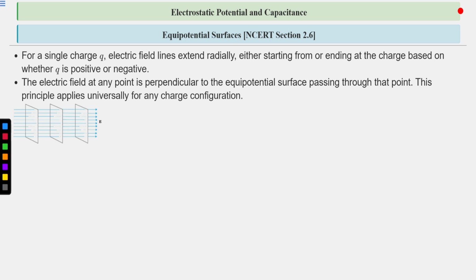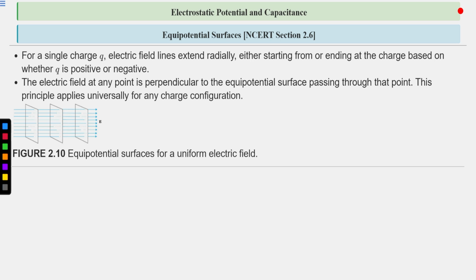After some distance, if we again draw a perpendicular sheet in this uniform electric field, the potential on that sheet will be equal. For a uniform electric field, the equipotential surfaces are perpendicular sheets. Equipotential surface for a uniform electric field.